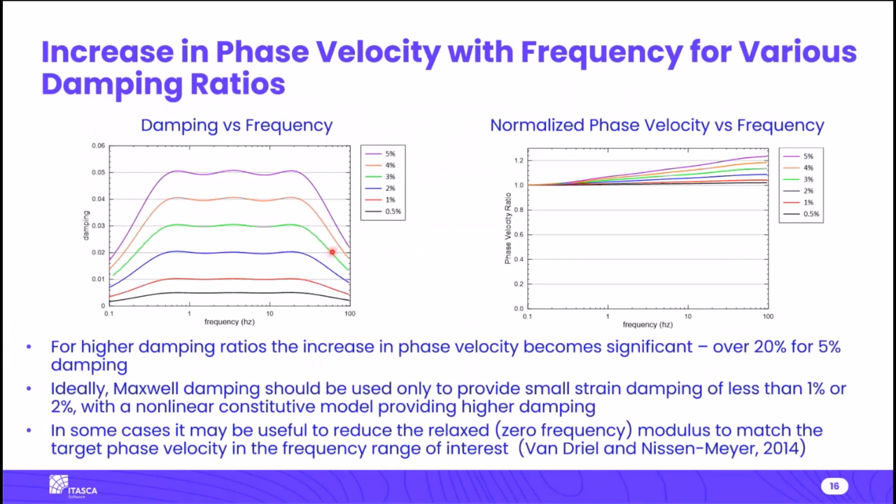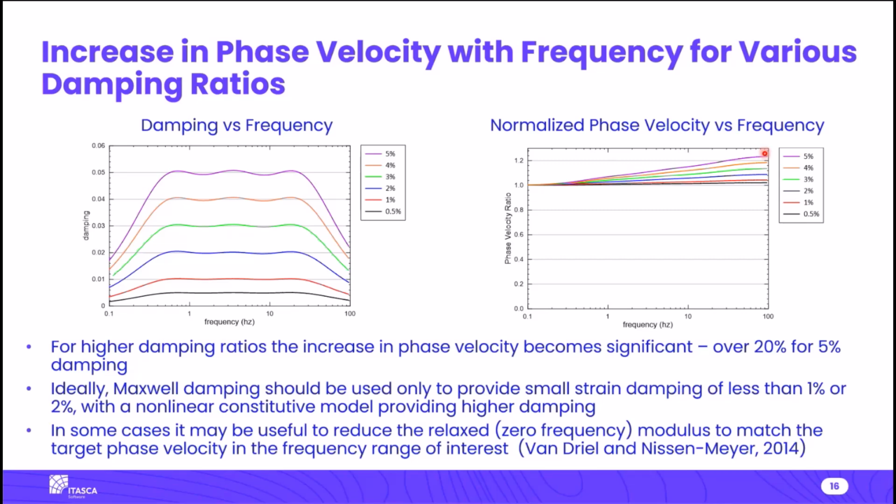As for the practical significance of this phase velocity increase with frequency, it becomes pretty significant if you're using higher damping. Say you're trying to use 5% damping, your frequency is going to increase over 20% at high frequencies.